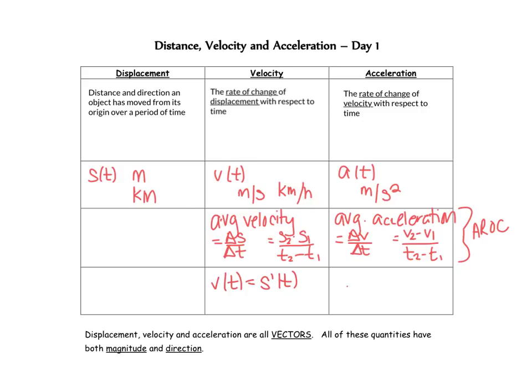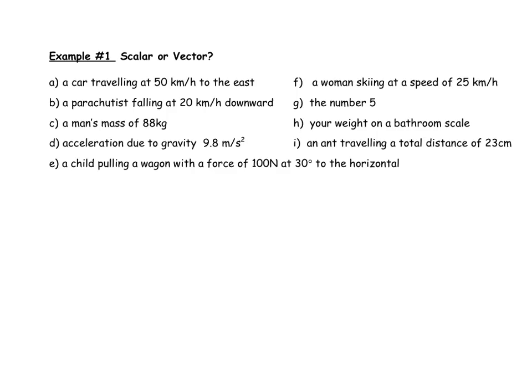And then our acceleration with respect to time is equal to the derivative of v at t, which we should also recognize is the second derivative of s at t. And just as a quick reminder, displacement, velocity, acceleration are all vectors. All of these quantities have both magnitude and direction.